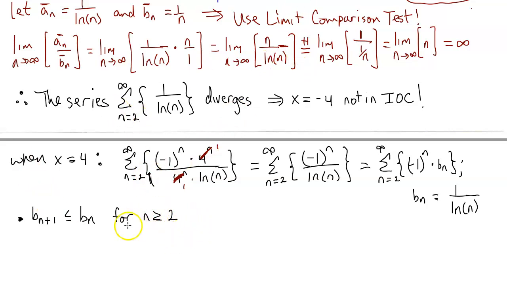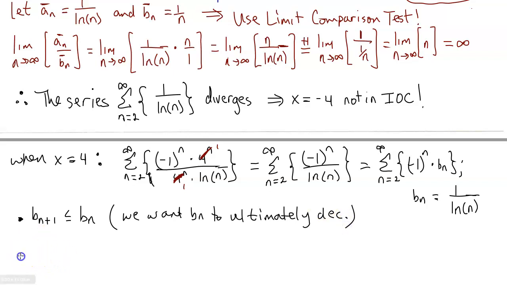So just to keep it general, I am just going to say this, just to be all-encompassing and correct here. So we want b sub n to ultimately decrease. So that's really what we're trying to say here.